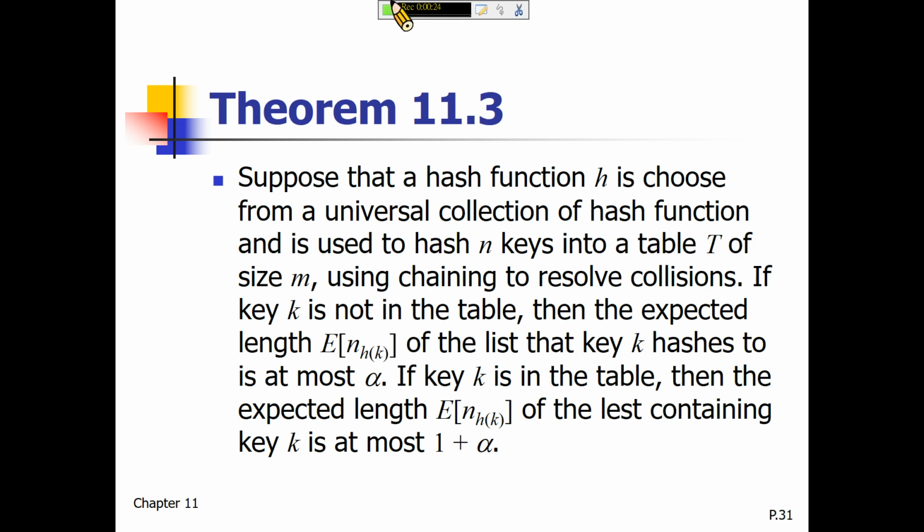If key k is not in the table, then the expected length E[n_h(k)] of the list that key k hashes to is at most alpha equals n over m. If key k is in the table, then the expected length E[n_h(k)] of the list containing key k is at most 1 plus alpha.